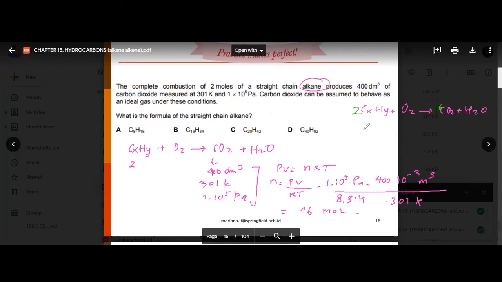Then let's calculate the number of C at the left hand side. We have C equals 2x, right? And at the right side, C equals 16. So x equals 8, right? So this alkene consists of 8 carbon. What's the general formula for alkene? It is CnH2n. So if we have 8 C, then the number of hydrogen would be 16. So what's the answer? It is A.